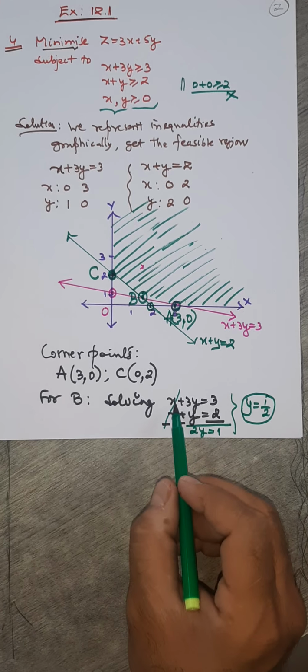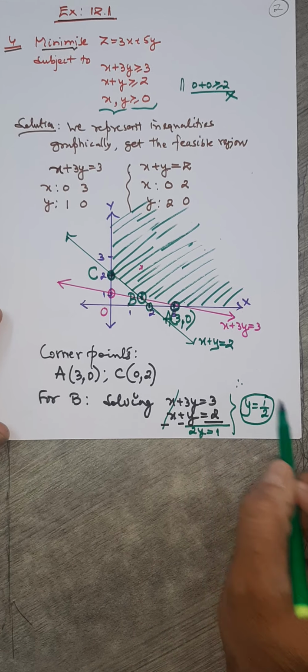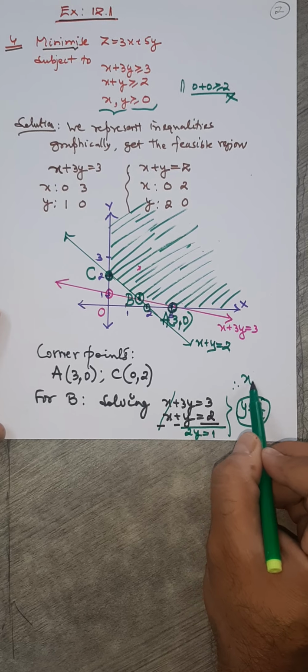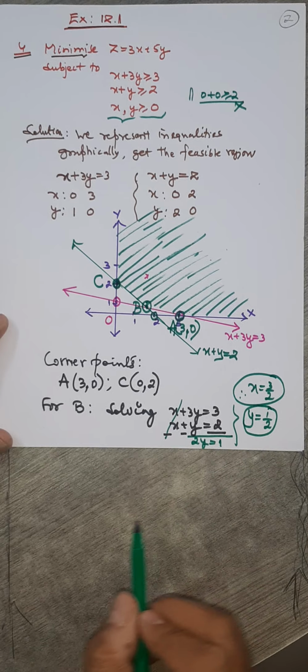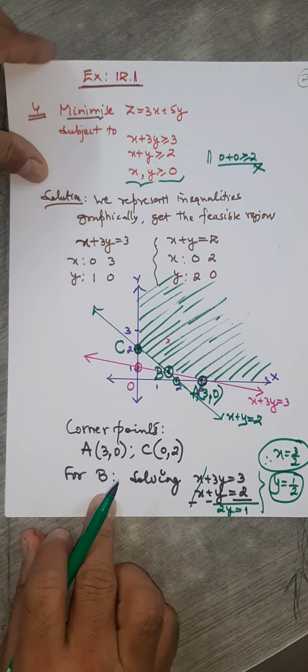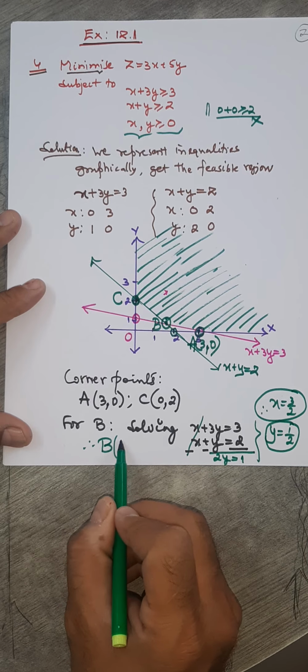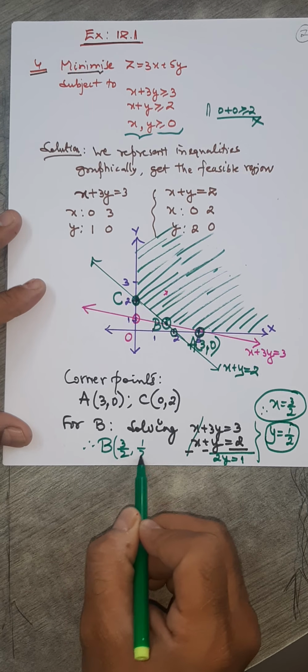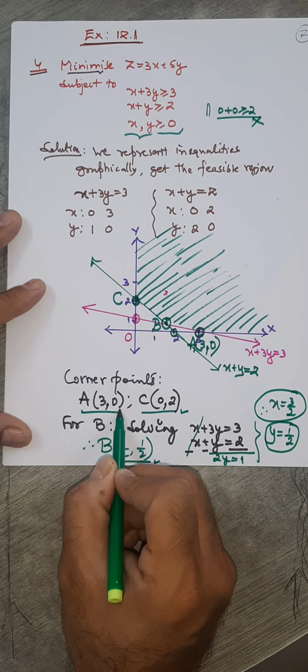And put the value of y in any one of these 2. If I put half here, what is x? It will obviously be 3 by 2. We have solved these 2 equations by the elimination method. Therefore the coordinates of B will be 3 by 2, 1 by 2. This is B, this is C, and this is A.